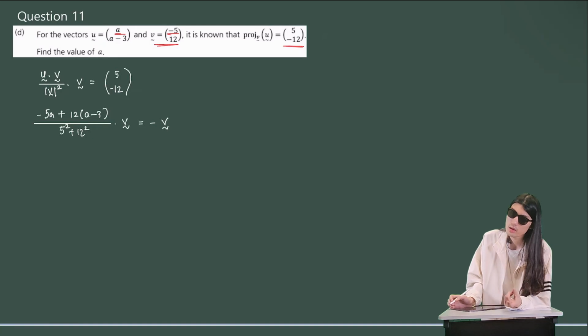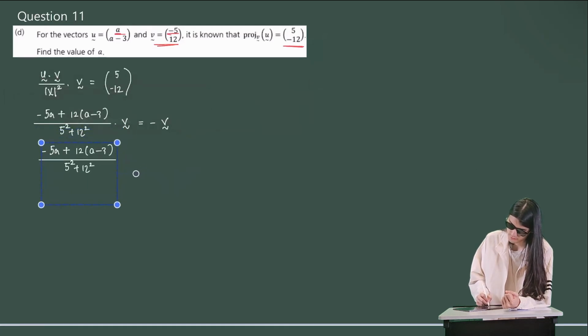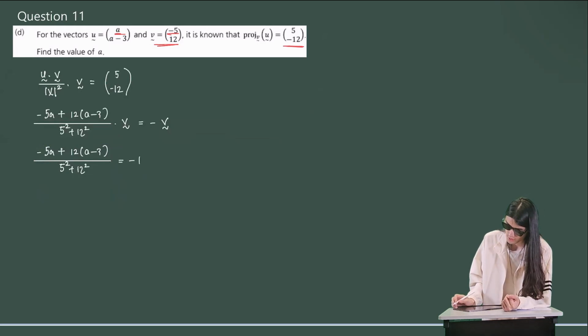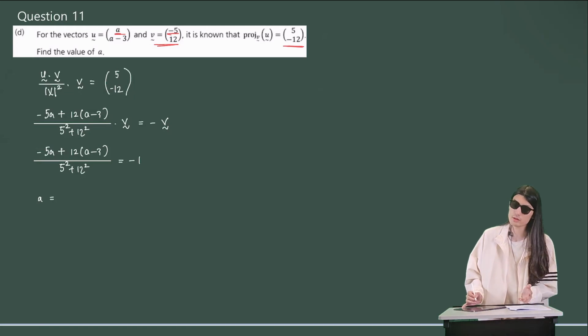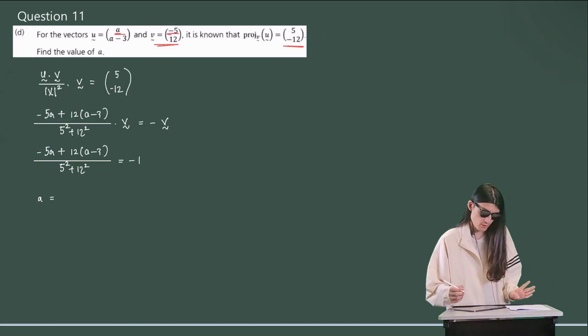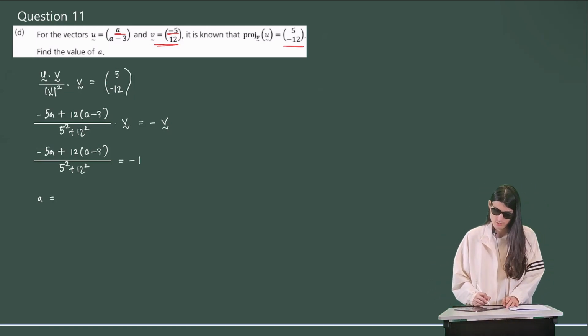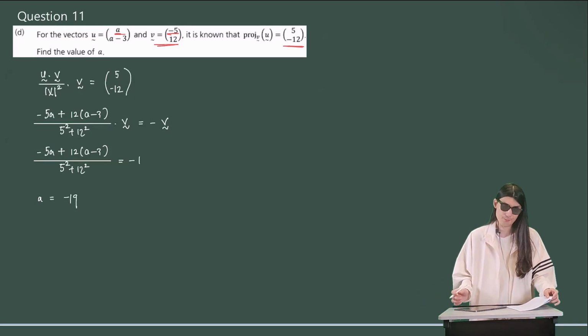And if we compare the coefficients of vector v on both sides of the equation, we get that this should equal minus 1. Which if we rearrange to find the value of a, again, I'll skip the algebra, you do the calculator work essentially. You get negative 19 as your answer.